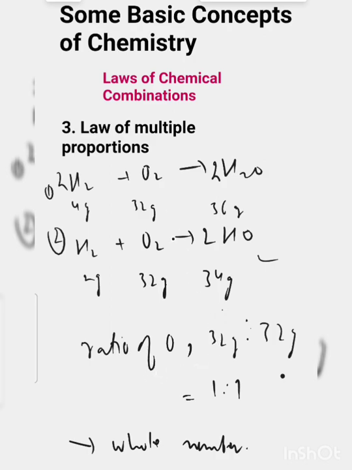You can see 32 gram of oxygen, 32 gram of oxygen, and it will be 1:1, which is a simple whole number ratio. So this is the law of multiple proportion.